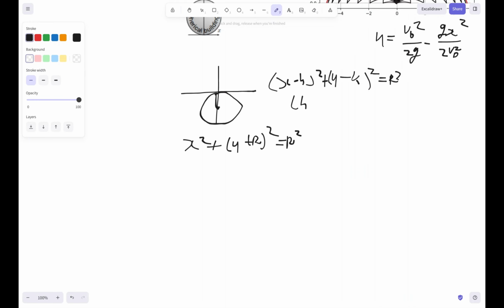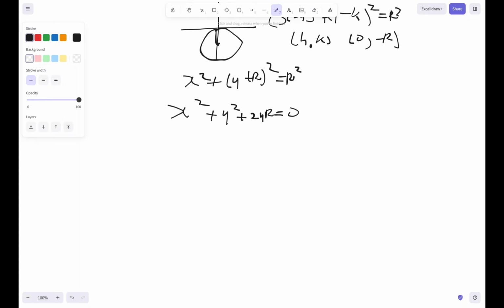Here h is zero, and k is negative r because it's going down. So x^2 + y^2 - 2yr = 0, because at the end we have an r^2 term that cancels out with the other r^2 term. So x^2 = -y^2 + 2yr.